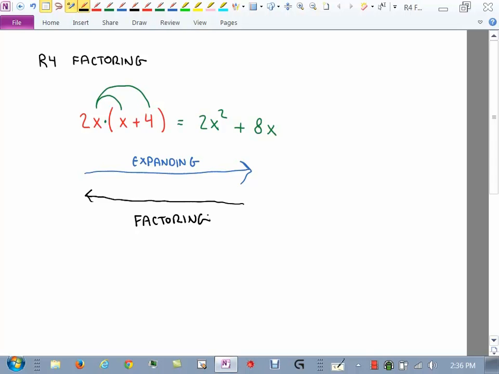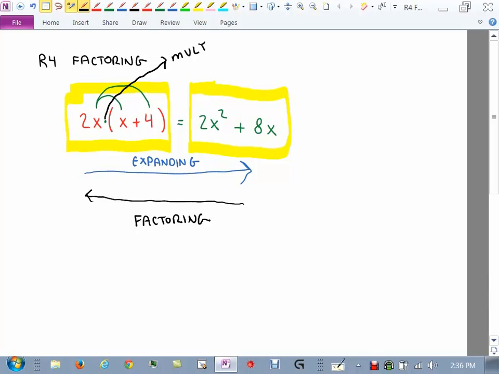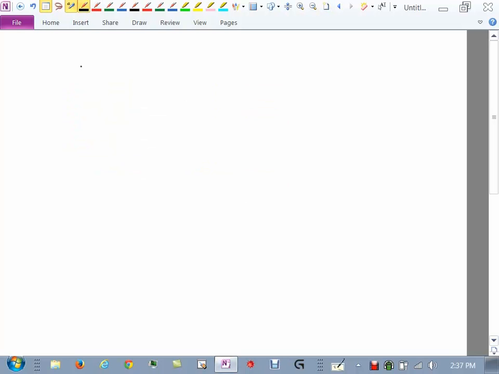And the whole idea was to take an expression, again, this is an expression, and to rewrite it as a new expression, but with the very important idea that now you have in here multiplication. Okay, you started out on the right side with two terms, right? Terms are separated by addition and subtraction. On the left side, you have a term 2x times, and then in parentheses, you have another set of terms. So you're converting addition, subtraction to some form of multiplication. So that's the idea of factoring. It's a backwards process. Now let's talk about steps for factoring.